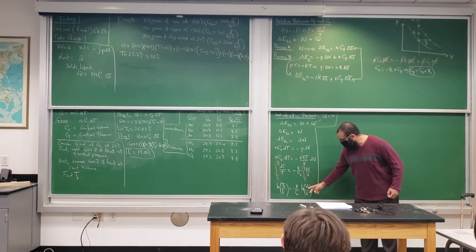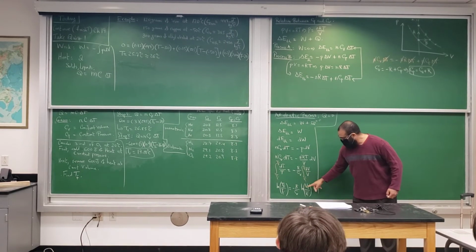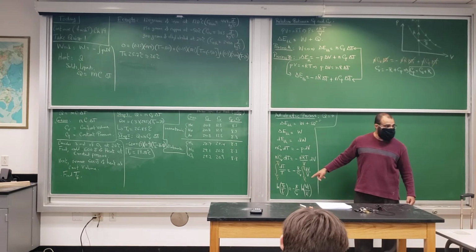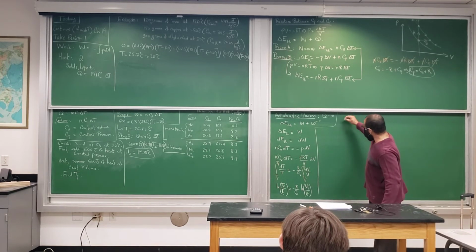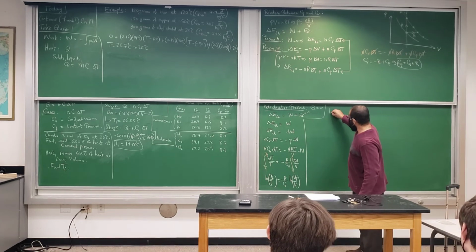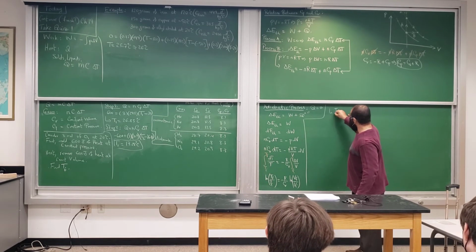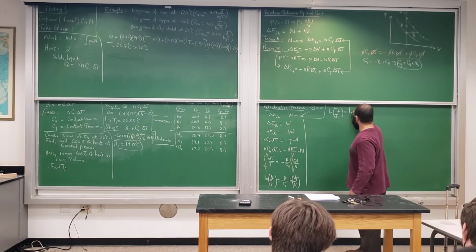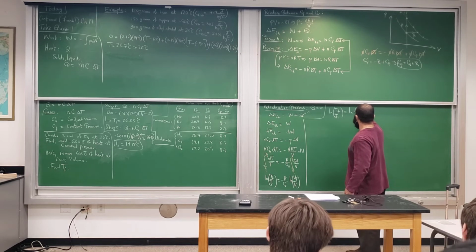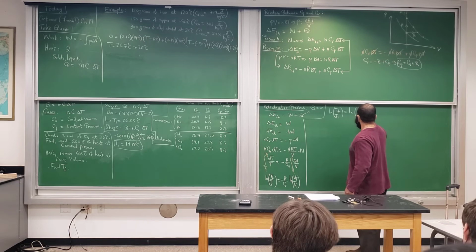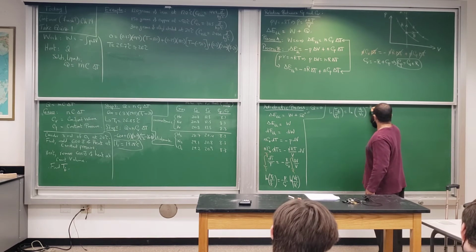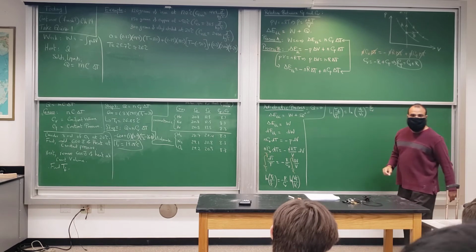By properties of logs, if you have something times a log, you have the log of that thing to the power of this, right? So I would have ln of T final over T initial equal to ln of V final over V initial to the minus R over CV, right?